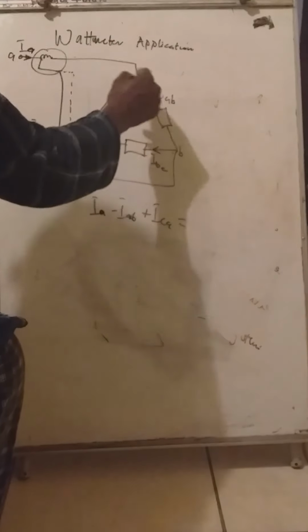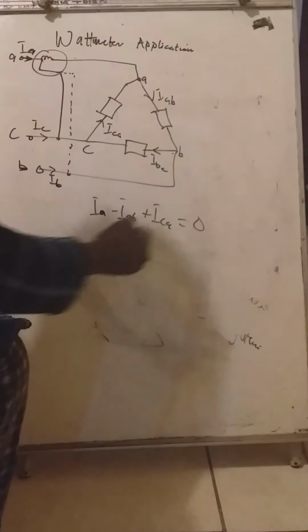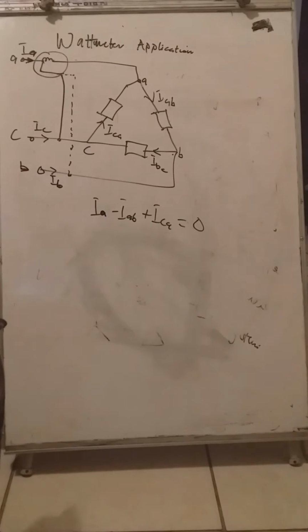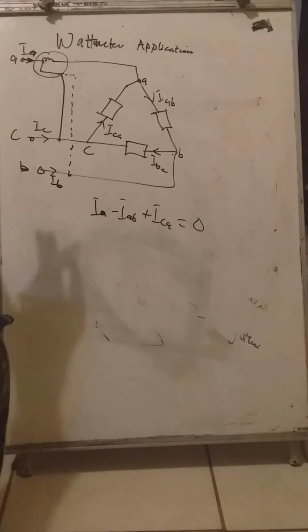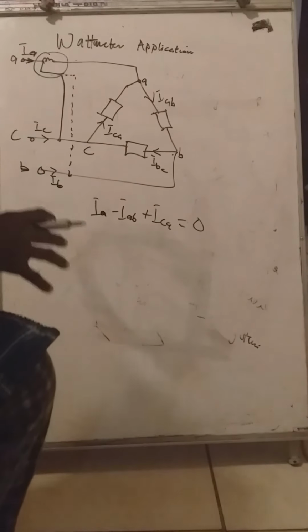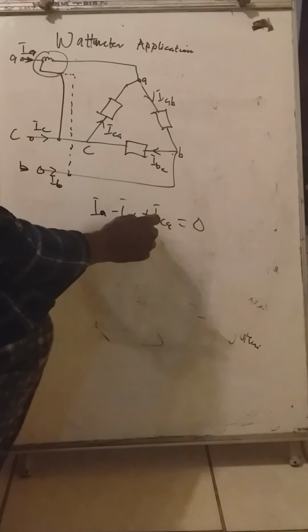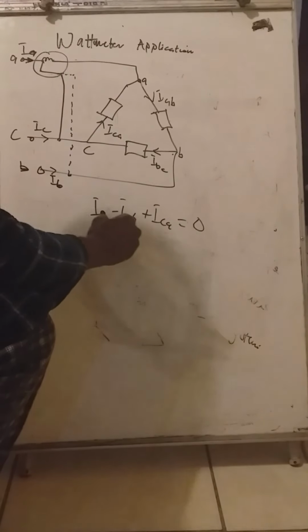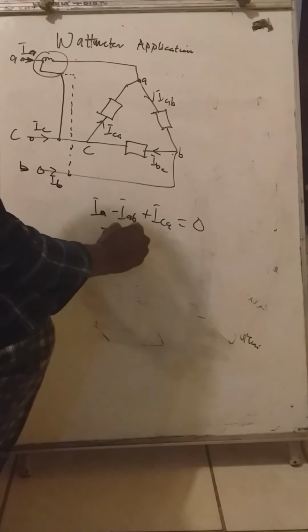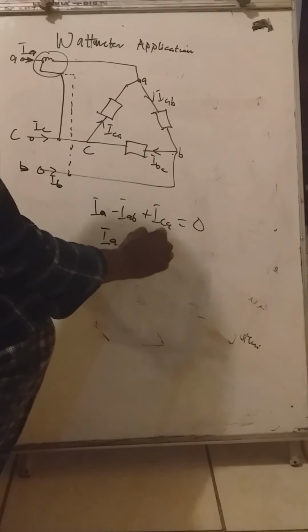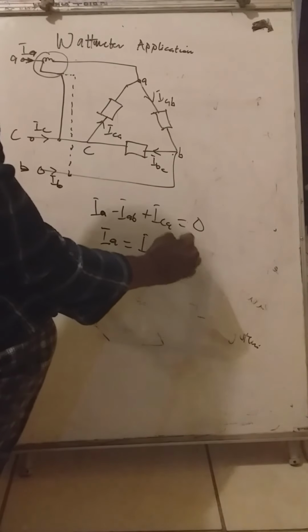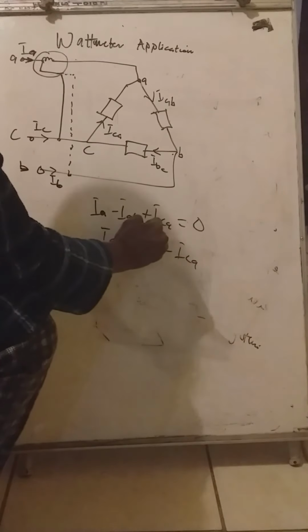The total summation, according to Kirchhoff's law, is equal to 0. So IA minus IAB plus ICA equals 0, then IA will be IAB minus ICA.